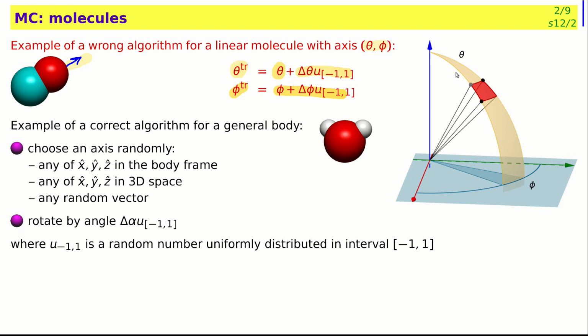It's seen on this slice, because the element of angle here and here, even if these deltas are the same, these elements don't have the same area, the same solid angle. So we have to do it in a different way. This can be fixed, but it's better to do it in a totally different way.